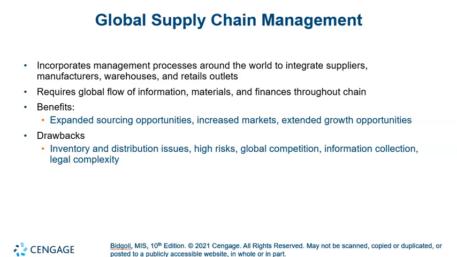Obviously, we're using a global flow of information, so we want to make sure that our IT is up to snuff and it can handle this influx of information in a timely manner. We can source raw materials cheaper, sometimes quicker. A lot of times this deals with sourcing jobs overseas. That's a hot topic today. But if that's the best move for the company, we might have to do that.